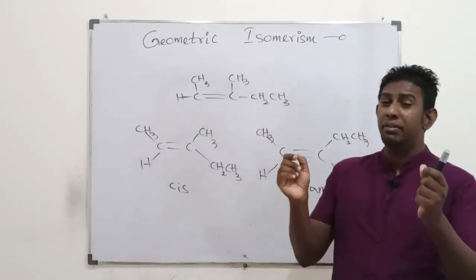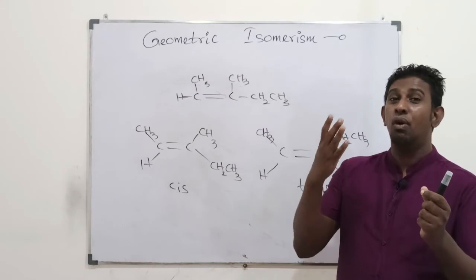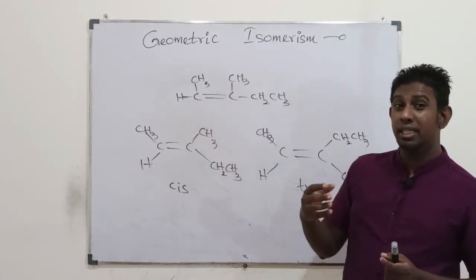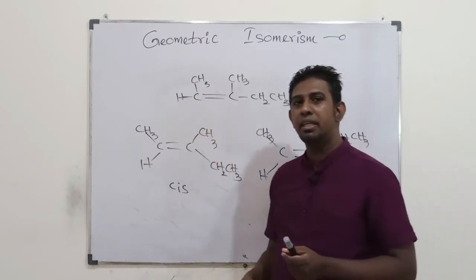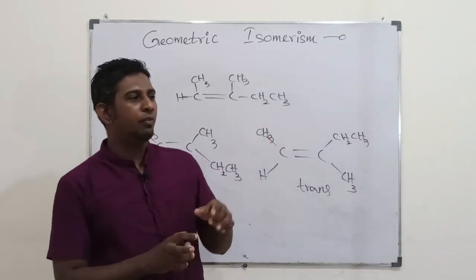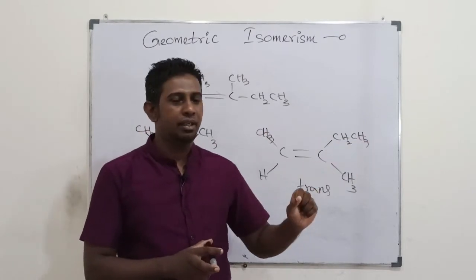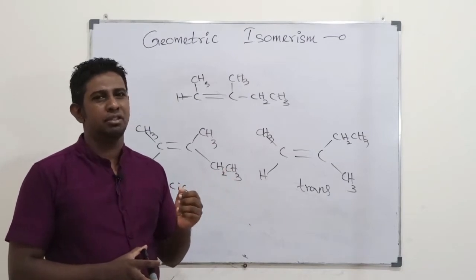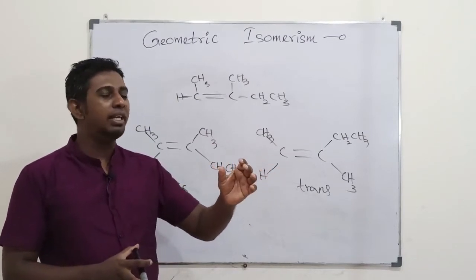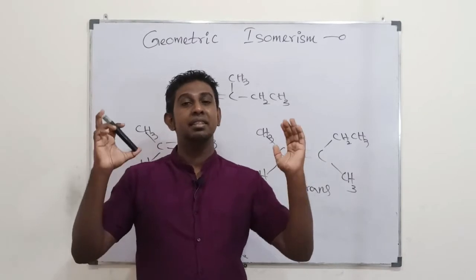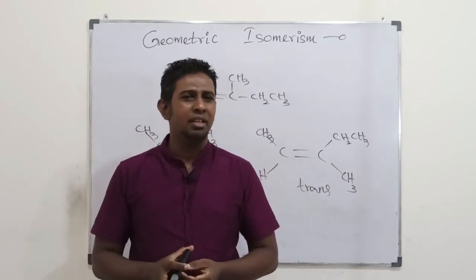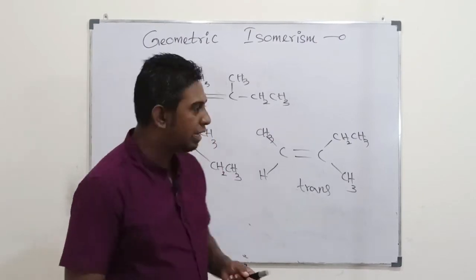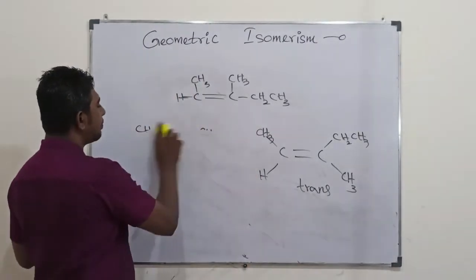Then you might be wondering, what would it be when there are four different groups around this carbon-carbon double bond? On each carbon, if you find two different, and on the other carbon, if you find totally another two different, not being the same as of this, then also you have such isomers, because all requirements are satisfied. Then the only matter is how we could name those. Let me show you that as well.